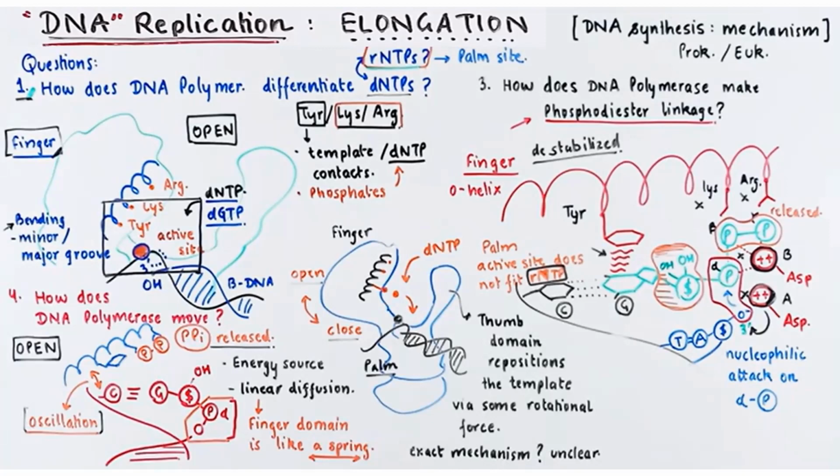As we already know, the phosphodiester bond will be made between the DNTP and, on the other side, the growing daughter strand which has the free hydroxyl group.